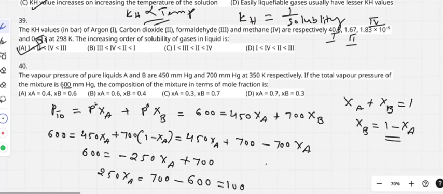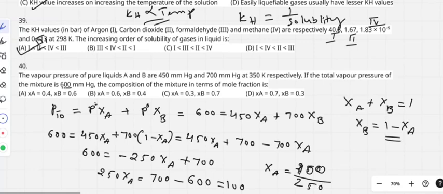Therefore, XA is equal to 100 divided by 250.